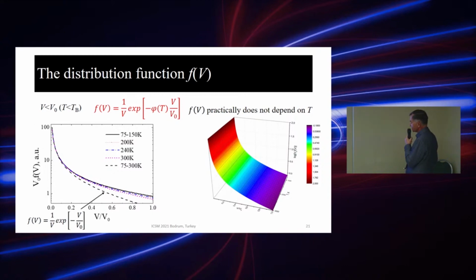If we apply this usual distribution function, the dashed line, we see that it goes outside the range of the distribution function, which includes the test function. And here is the same result in the 3D plot.